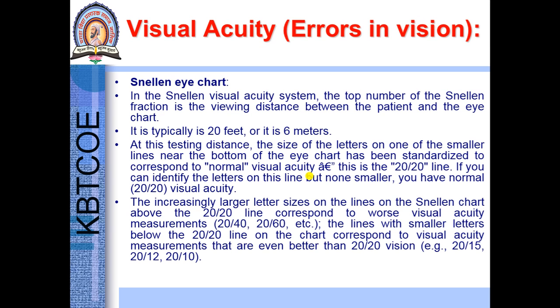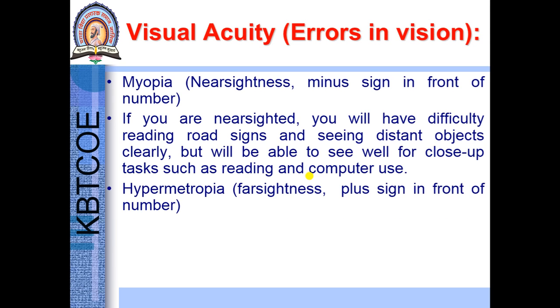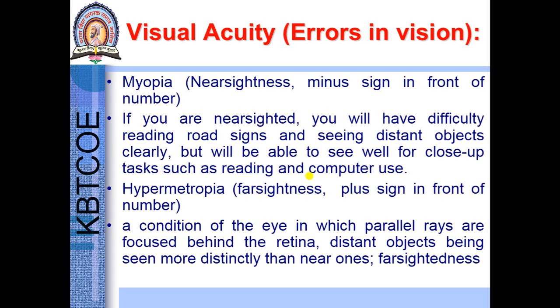In Snellen's eye chart, the patient is seated at a 20 feet distance through a mirror, and letters of increasing or decreasing size are shown to the patient, and from that a conclusion is made regarding the errors.